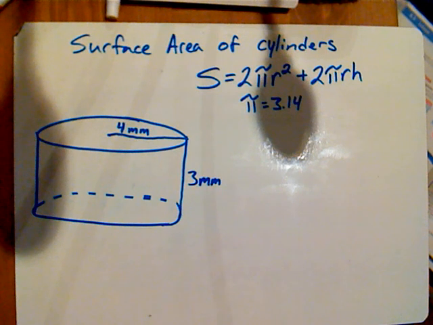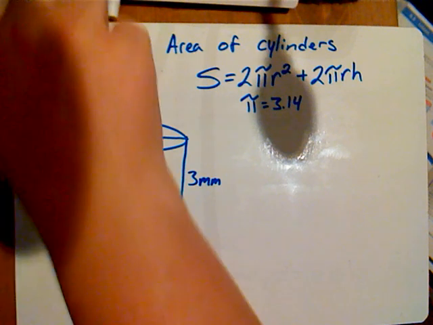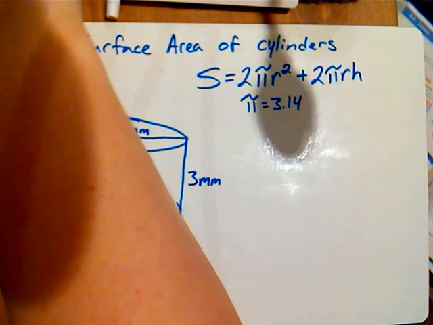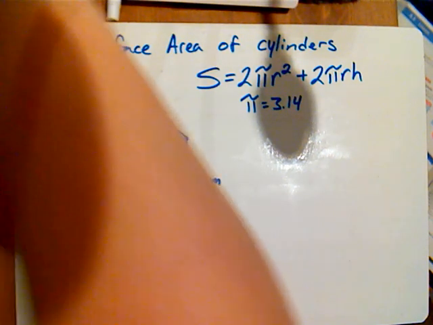Alright, in this review video we are going to be covering the surface area for cylinders and cones. I decided to do both of these because they're relatively easy ones. Basically all we're going to be doing is plugging in our numbers into our equation.